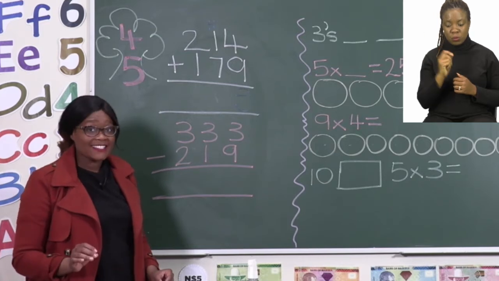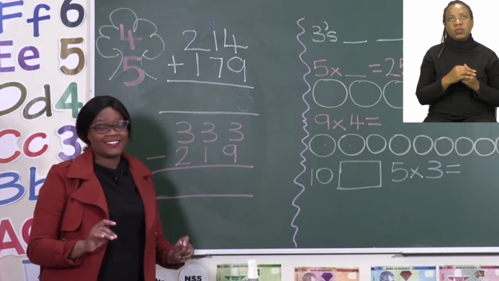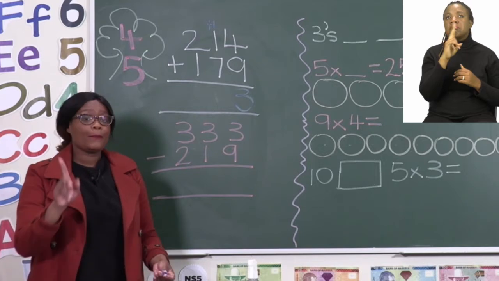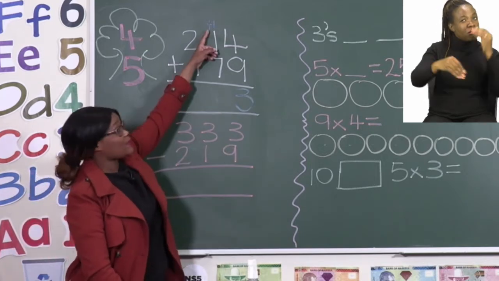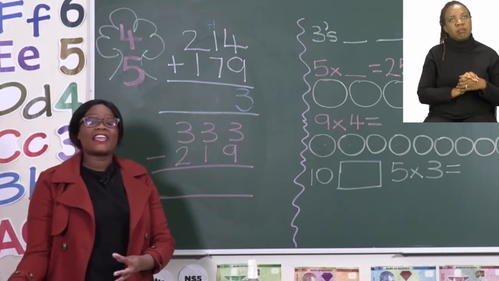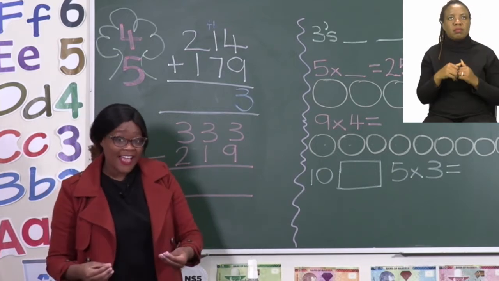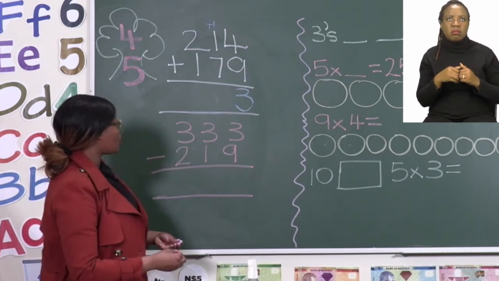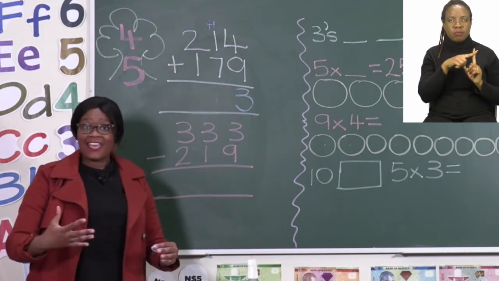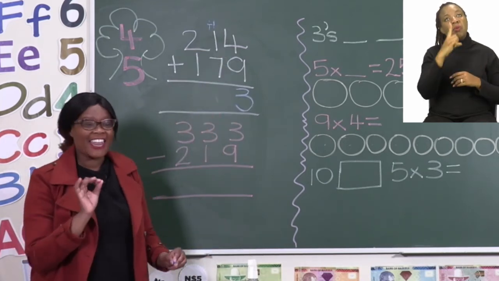Now we move on to the next one, which says 1 plus 7. And 1 plus 7, we know, boys and girls, is 8. But we can't forget about the 1 that we got when we were doing our units. This is why it's called carrying on, because we're taking that 1 and now we're going to add it with our tens. So it's 1 plus 7, which will give us 8, plus the 1 we got, which will give us 9.